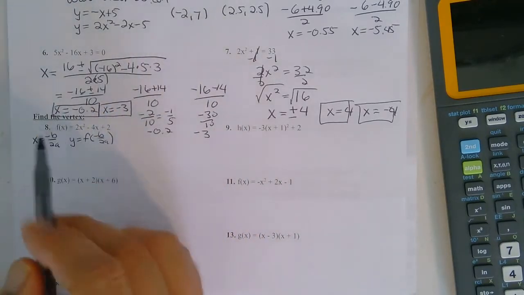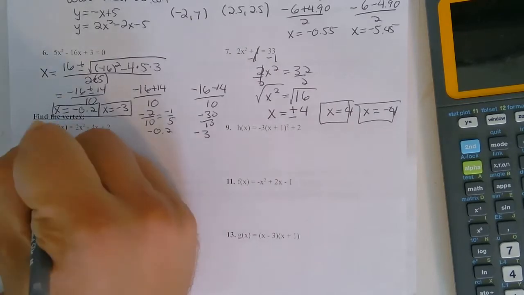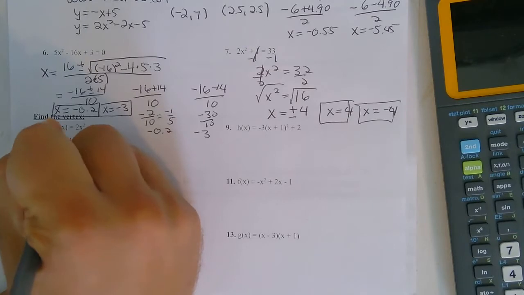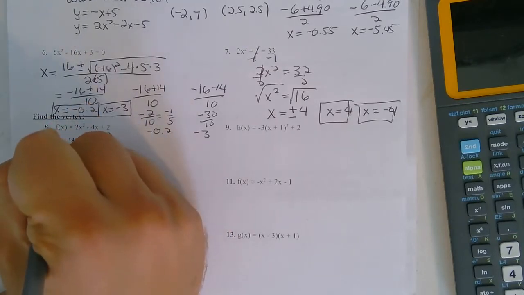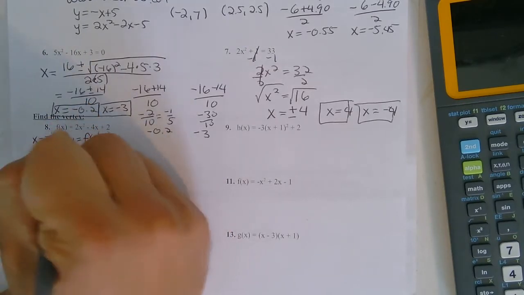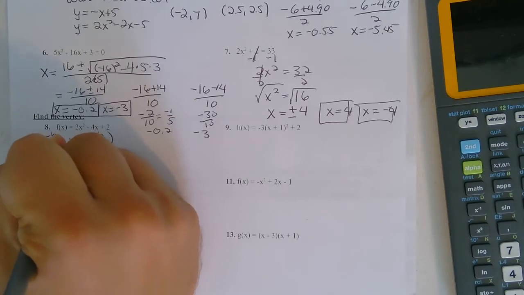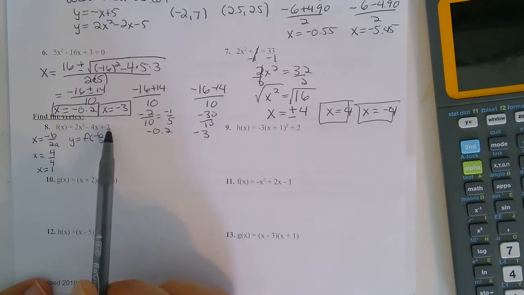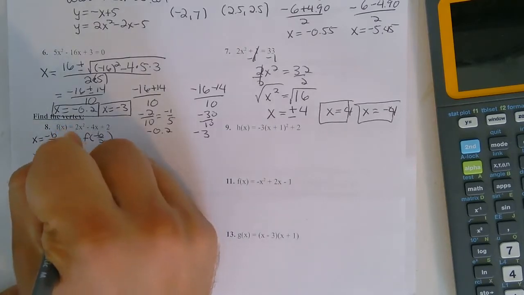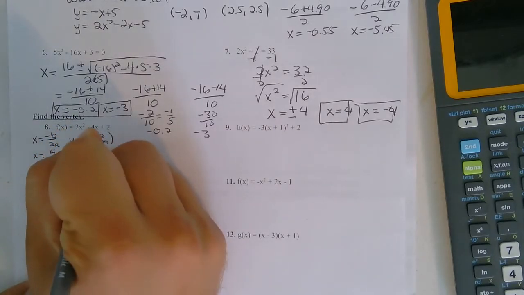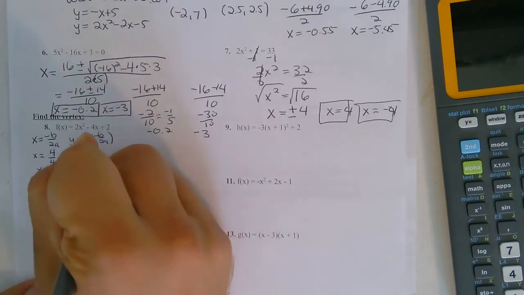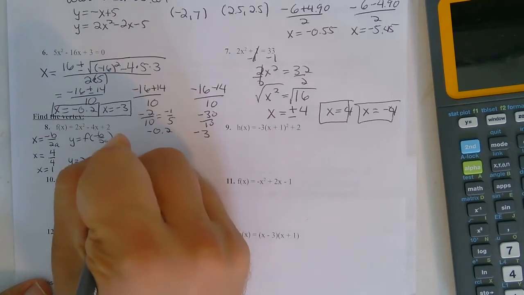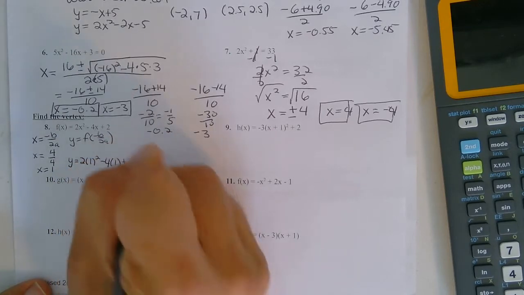So in doing that, negative b over 2a, so the opposite of negative 4 is 4 over 2 times 2 is 4. So that means x equals 1. And then to find the y value, we just plug in 1. So y would equal 2 times 1 squared, minus 4 times 1, plus 2.